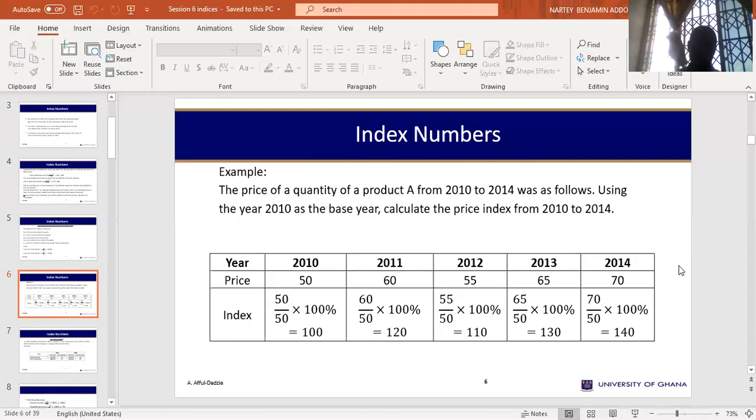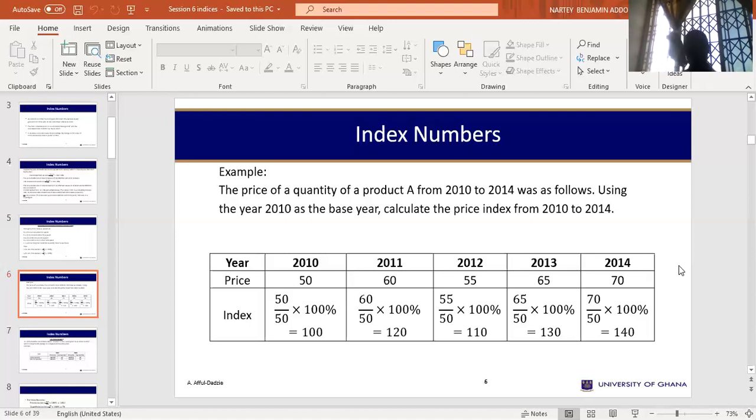So it's a very simple formula. For the year 2010, it is 50 over 50 times 100, so the price Pn is 50 and P0 is also 50. Year 2011, that will be 60 over 50 times 100, so that will give us 120. 2012 will be 55 over 50 times 100, so that will be 110. 2013 will be 65 over 50 times 100, so that will be 130.